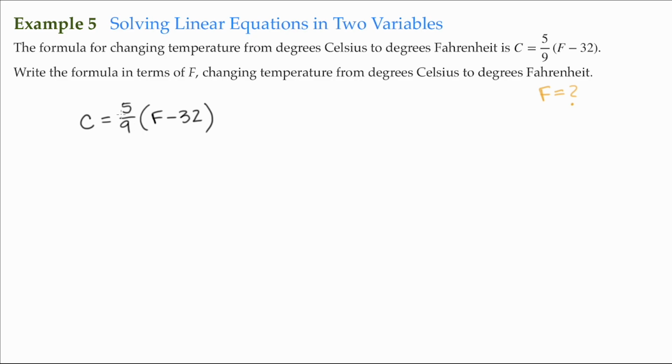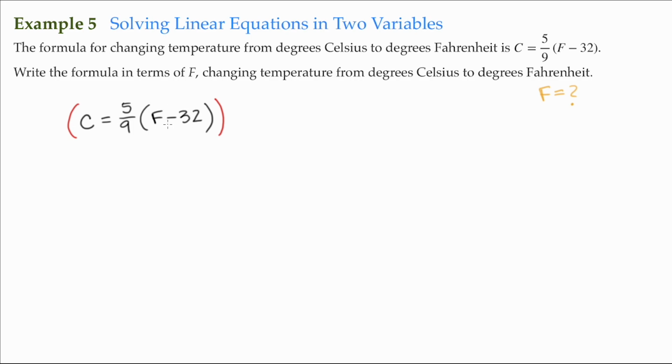So in order to get rid of this, what we've done in the past is I could either multiply both sides by the reciprocal or multiply the whole thing by the reciprocal. I like to do it that way. It's just a little clearer for me. But you can do both sides.